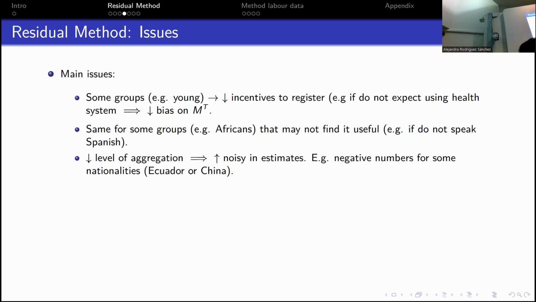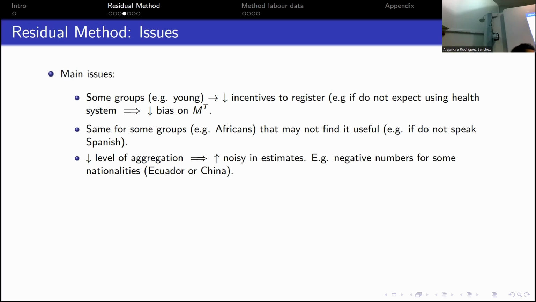I think this could be problematic for young people, because the incentives to register are based on use. You have a high incentive to register because you will have access to the health system, but young people might think that they are healthy, so they are not going to use the health system, and that would create less incentive to register.